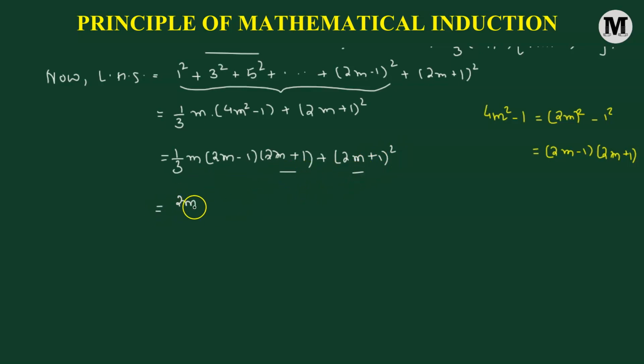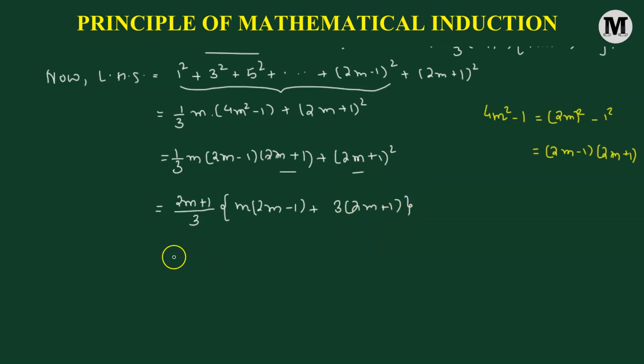We'll also factor out 1 over 3 from each of the terms, such that we have (2m plus 1) over 3 as the common factor, multiplied by m times (2m minus 1) added to, now that we have already factored out (2m plus 1), we'll be left with 3 times (2m plus 1).